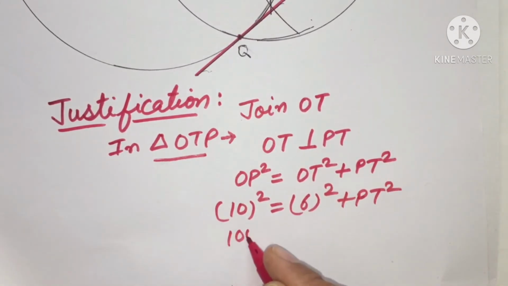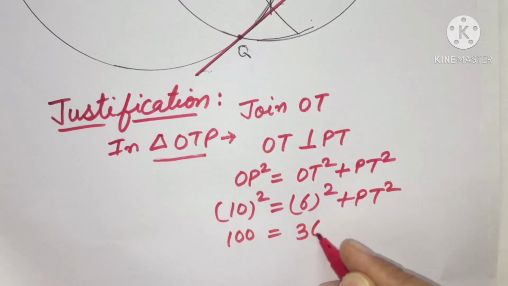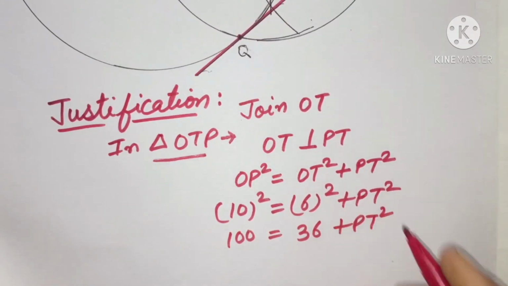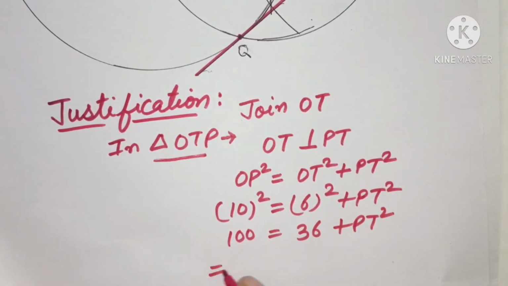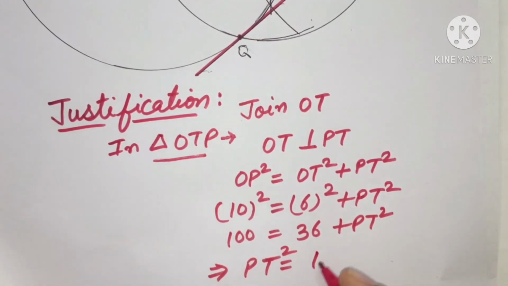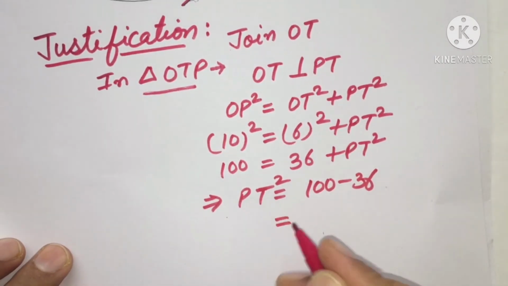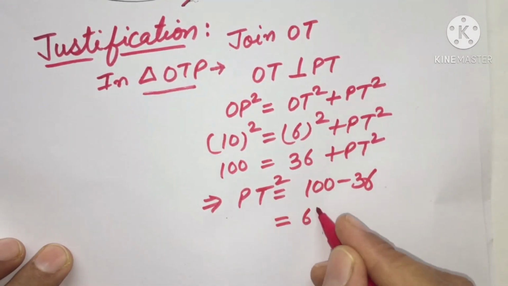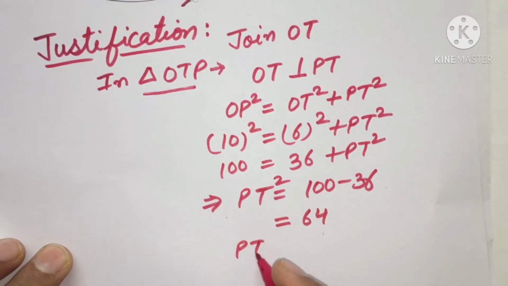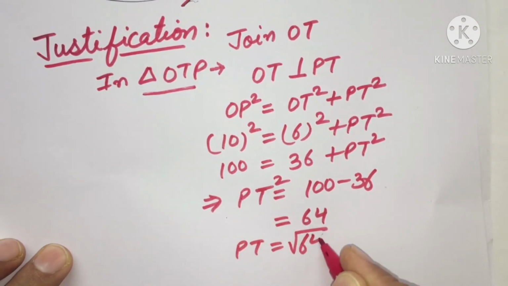So this is 100 equals 36 plus PT square, and the value of PT square is 100 minus 36, so it is 64. So PT is square root of 64.